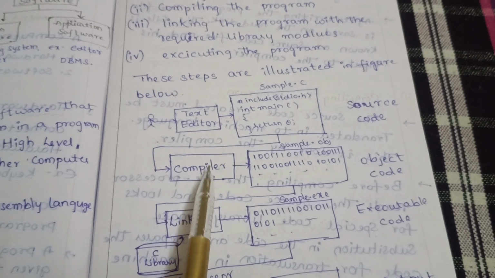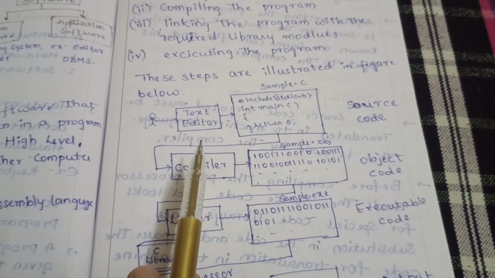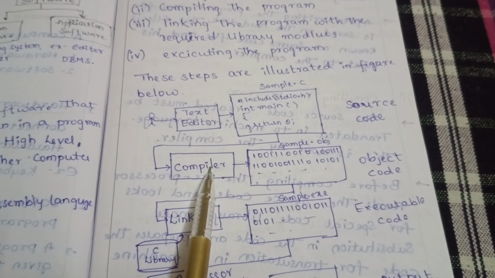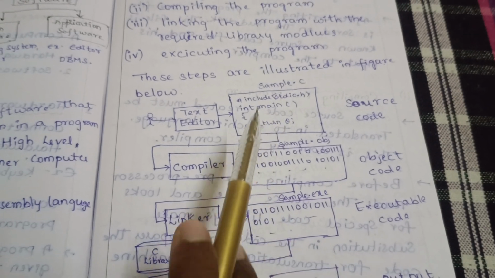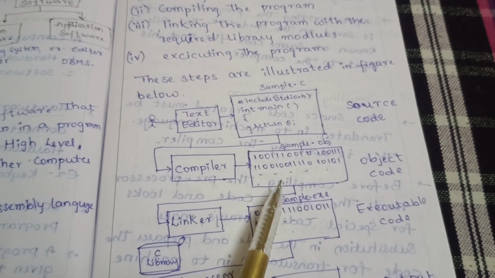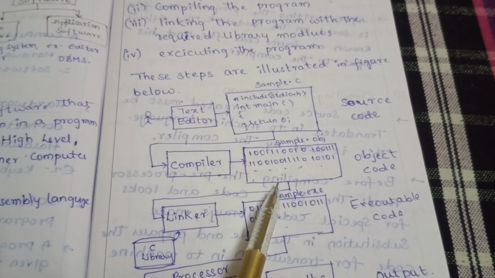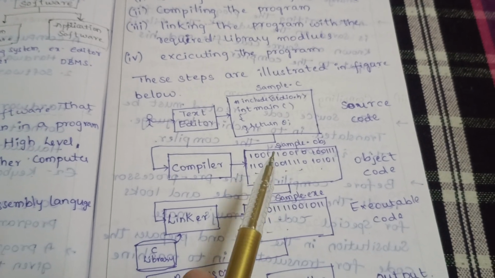The compiler converts source code to machine language. Machine language means binary language, represented in zeros and ones only.